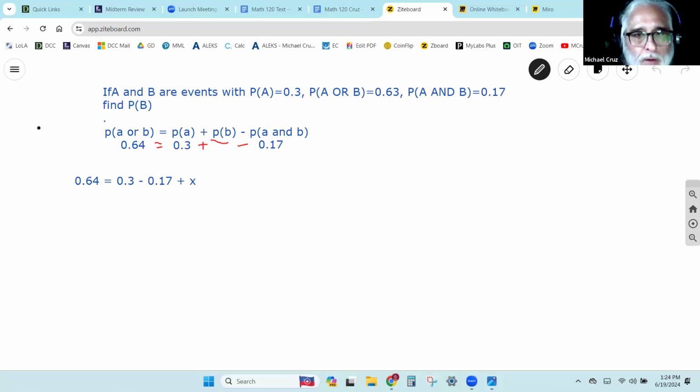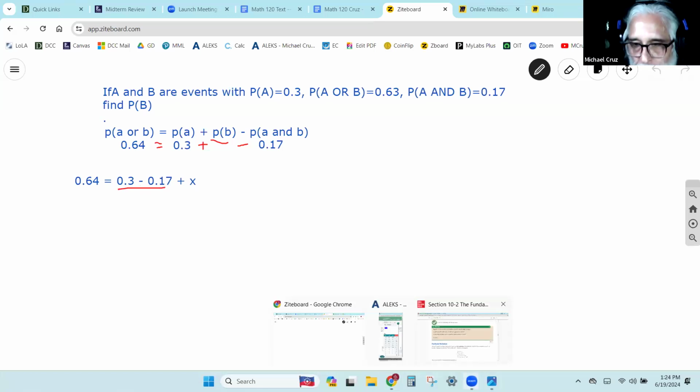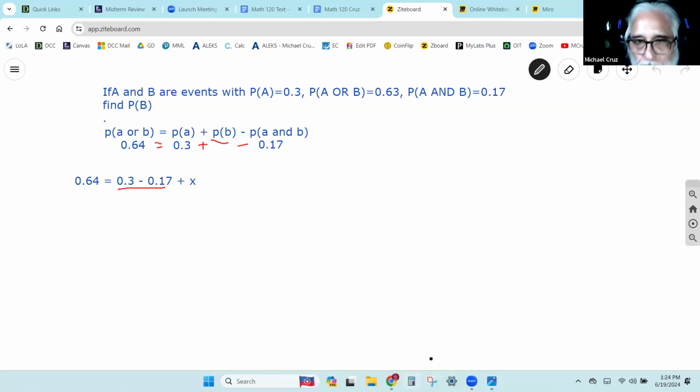So what we have to do first is work on the side of the parentheses and the equal sign.